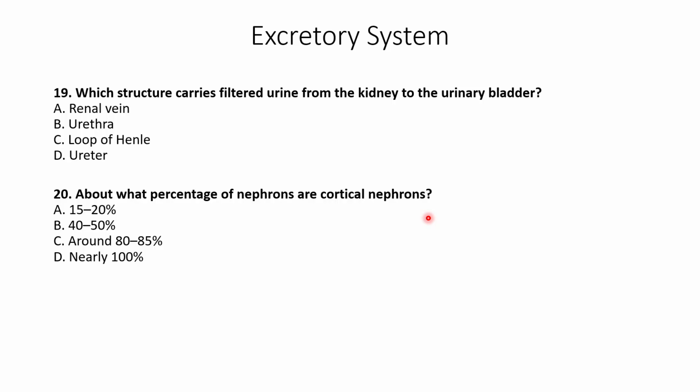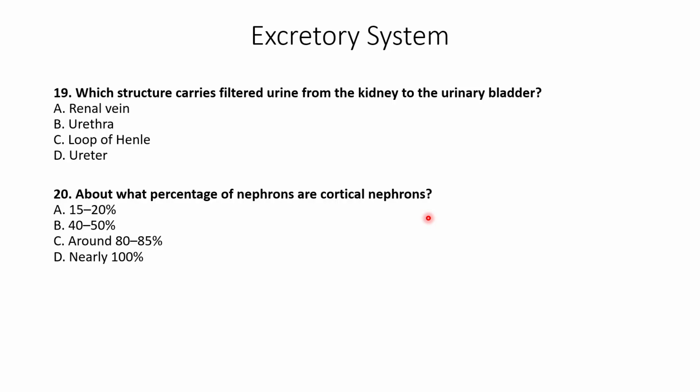Yeah, so the answer, you're right. The answer is C, which is around 80 to 85%. Just to jog your memory in case you've forgotten: in the kidney, the functional unit is the nephron, right? And there are two major types of nephrons.